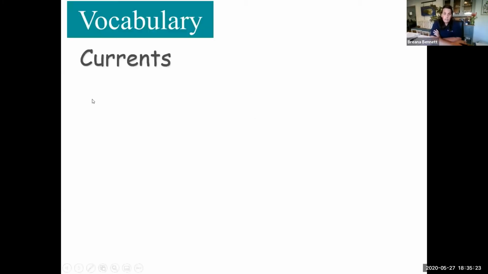So first, in order to lecture about this, we're going to go over a lot of vocab. Under the current category, we have current. Current is the horizontal movement of water. Not the opposite of that, but tide is the vertical movement of water. Current is the horizontal movement of water. So when you say the tide is pushing me off the dock, that's an incorrect statement.